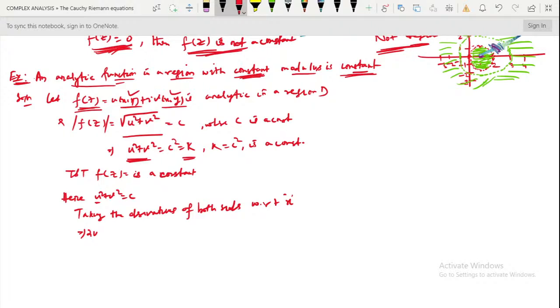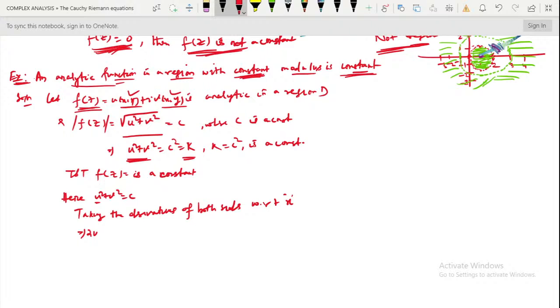Now eliminating k from the above equation. So if I eliminate k, vx by ux equals k. Similarly here vy by uy equals k. This implies vx by ux equals vy by uy.